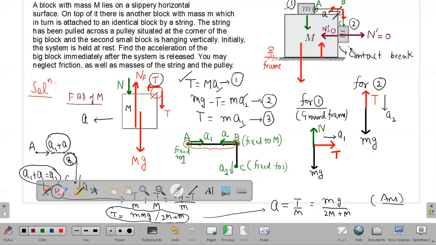Otherwise, the constraint of constant length of string will not be followed, right? So using the constraint equation and Newton's law equations in the ground frame of reference, we can solve this question.